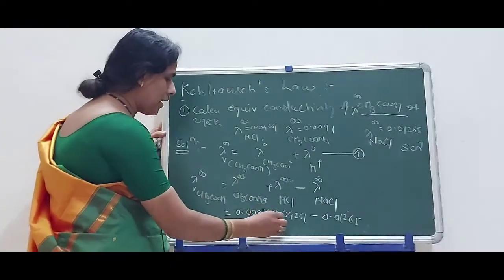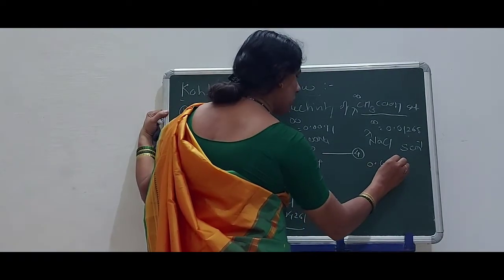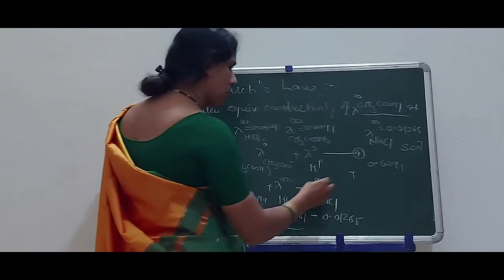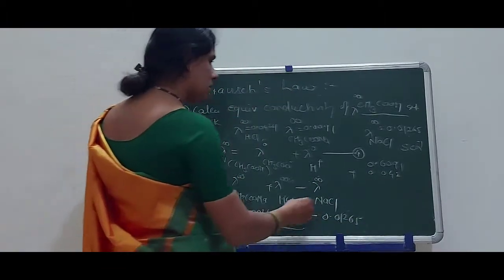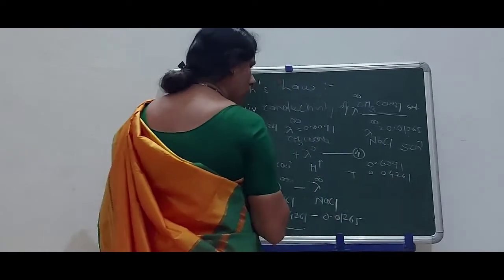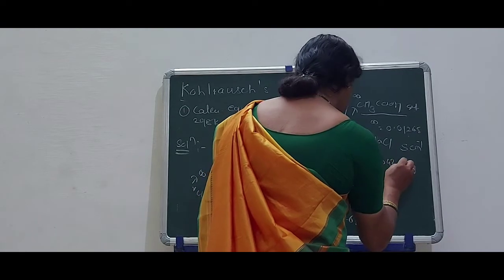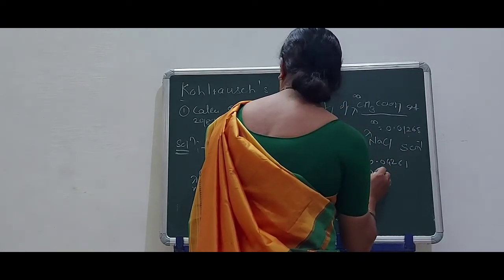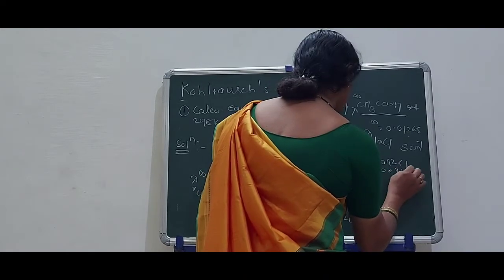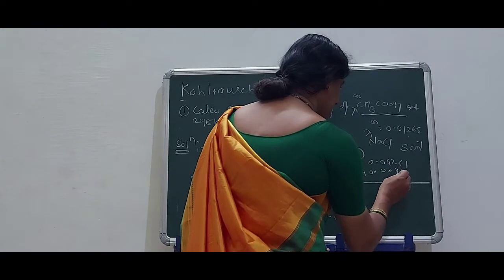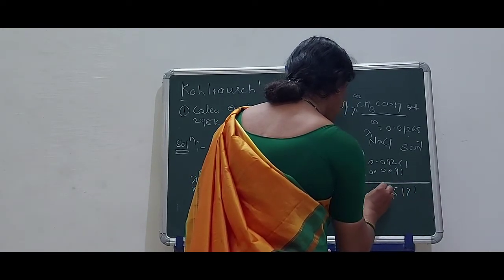Take the sum and then subtract. 0.04261 plus 0.0091 gives 0.05171.